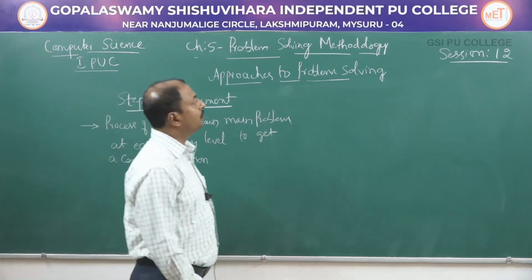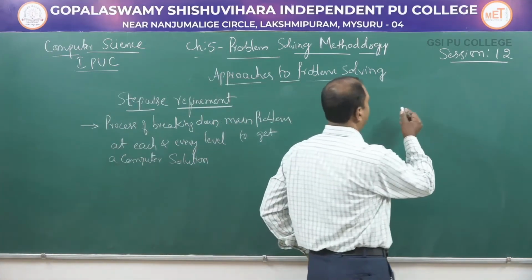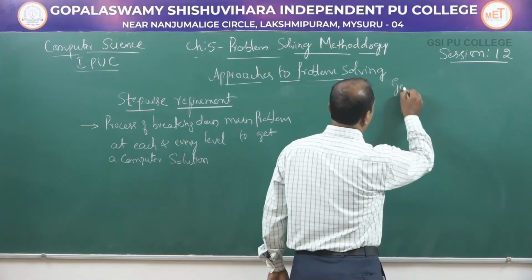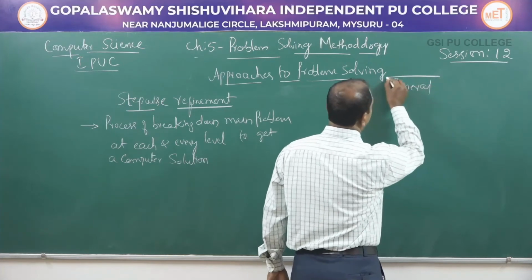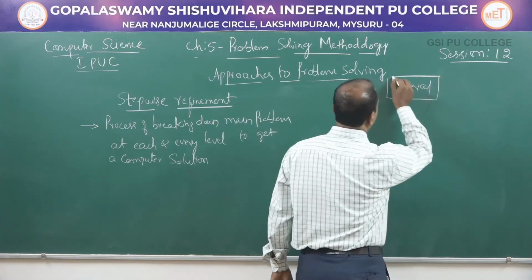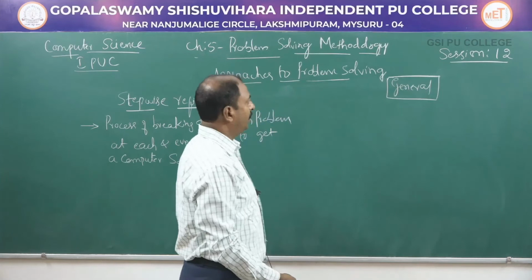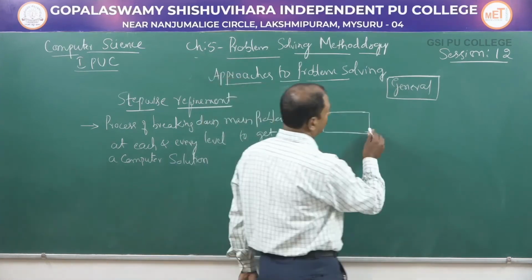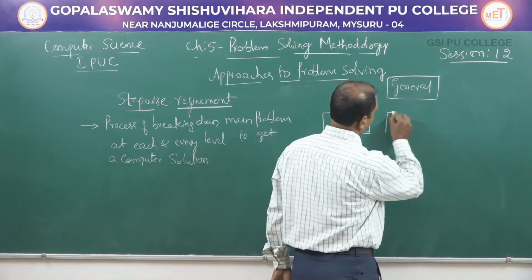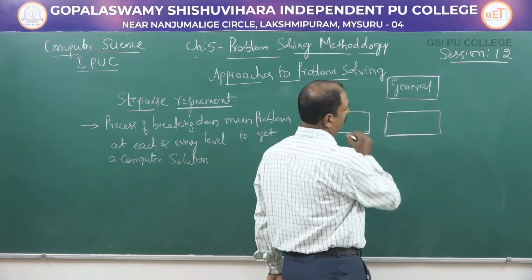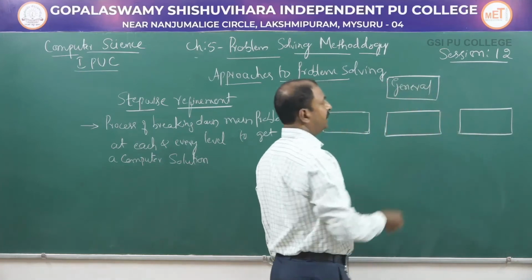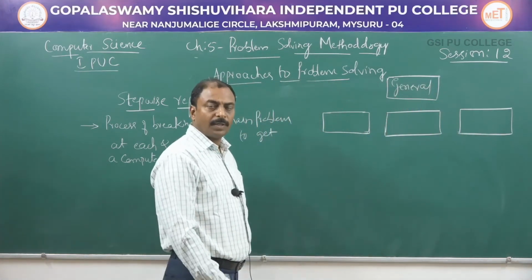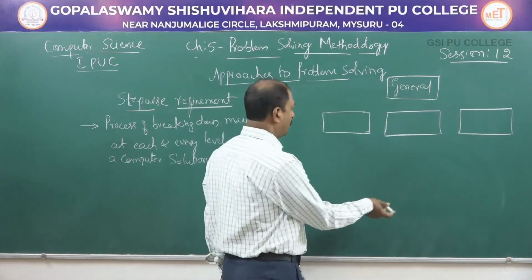So now we can view this in the diagram. This is a general problem and we can view this as three modules. We can divide this into three sub-problems or sub-programs or modules.